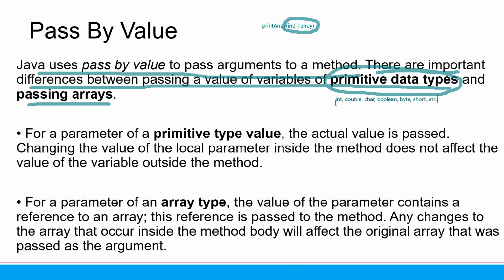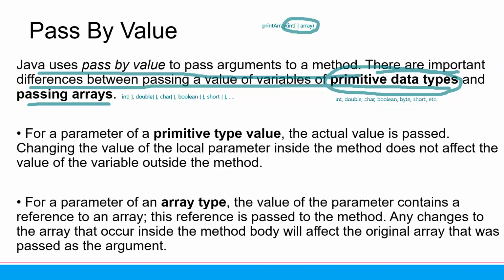So those are the primitive data types. If I want to pass an array, arrays mean the data type with the square bracket, or we need to determine how many elements we want to have. We can also use double. We can use also character. We can use also boolean and etc. We can use also short, and so on.